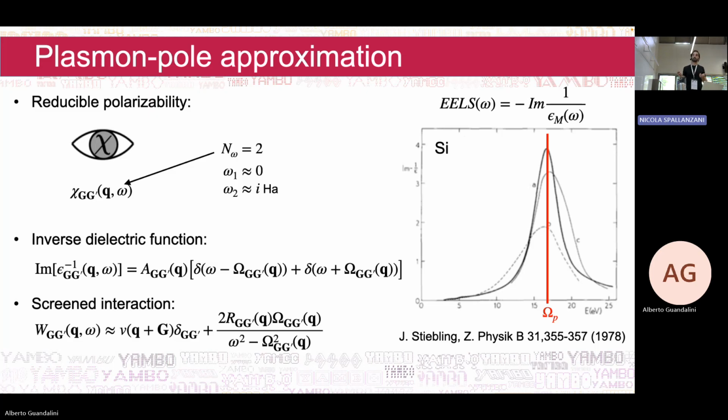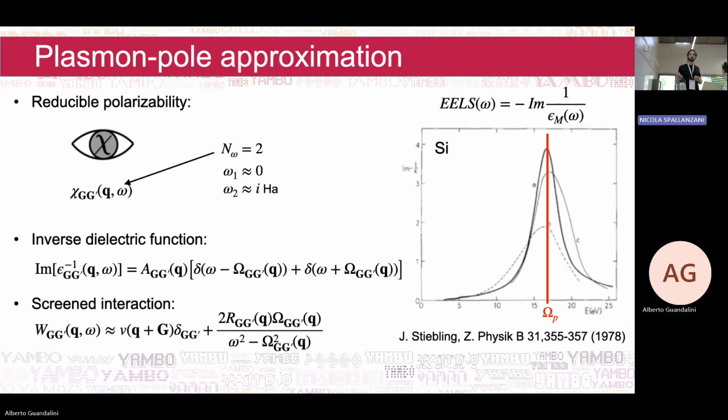So with the hypothesis that there is just one plasmon with some residue R and some energy big omega, in order to get these values we need to evaluate the screening in just 2 points and do an interpolation.